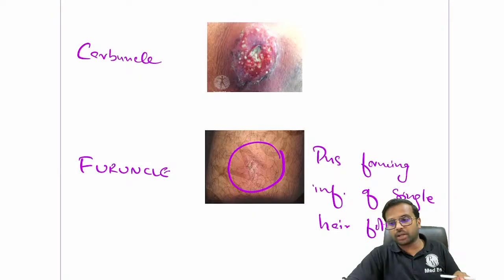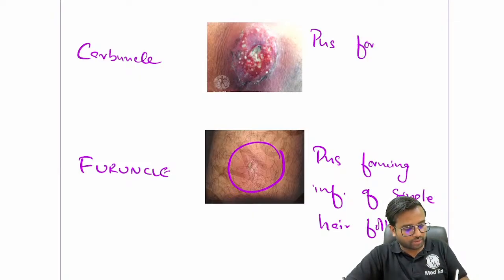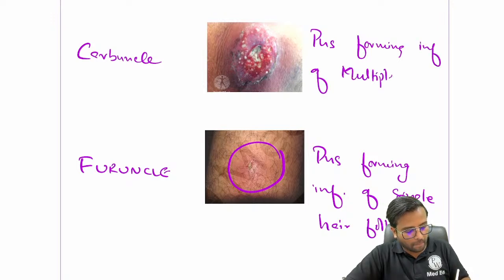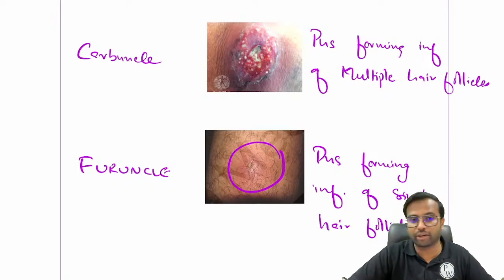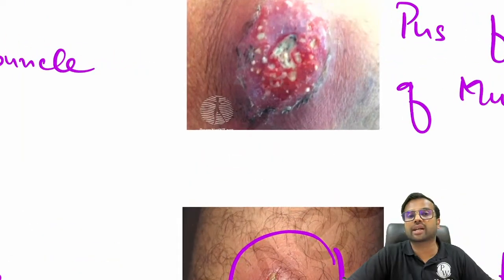Because a carbuncle is a pus forming infection of multiple hair follicles. So when multiple hair follicles are infected, this is called a carbuncle.